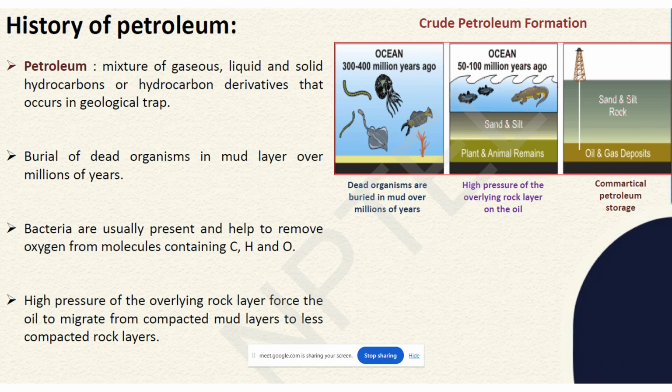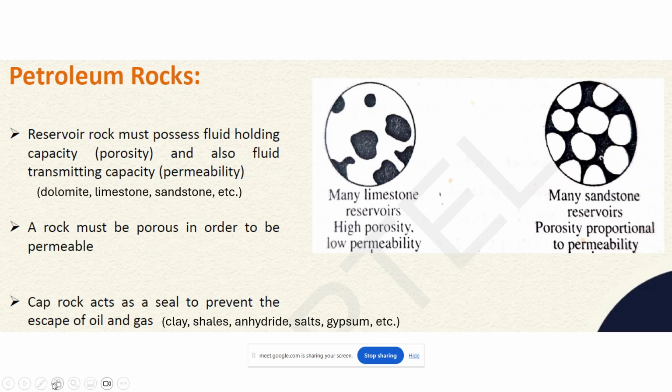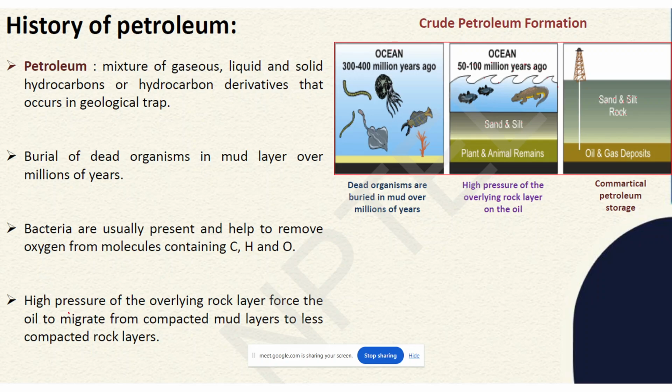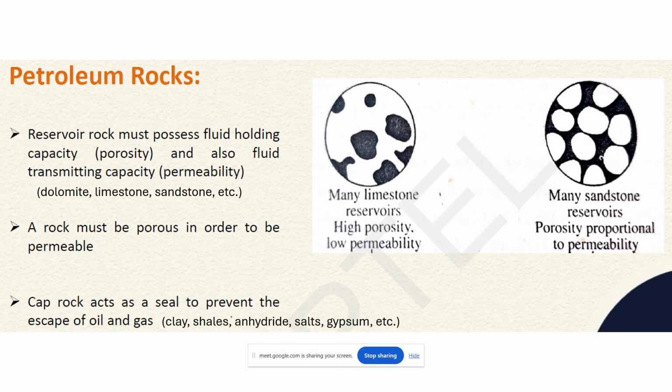It forms in a rock, and due to high pressure it gets migrated from the rock in which it is formed to another rock. The rock in which it is formed is a compact rock, and the oil gets transferred into another rock, which is called the reservoir rock. The reservoir rock stores this crude oil.